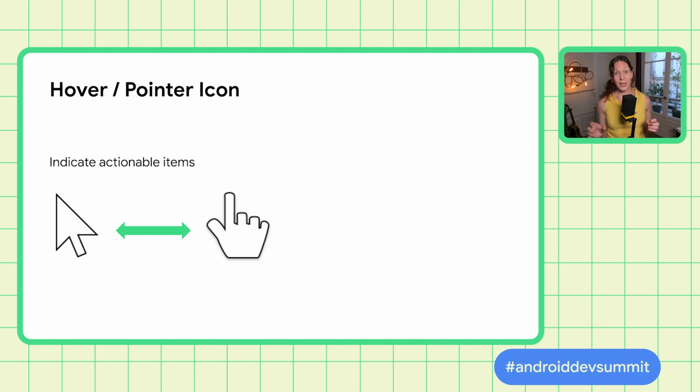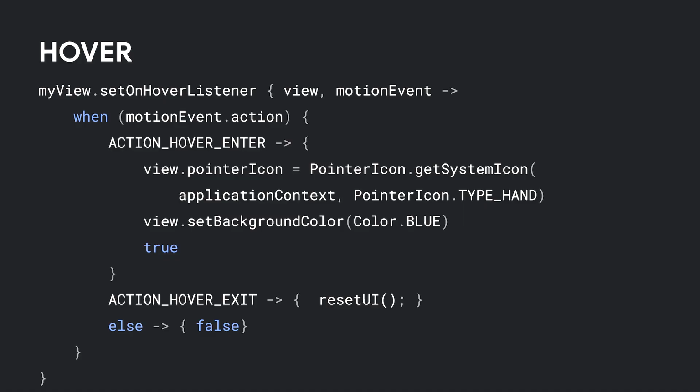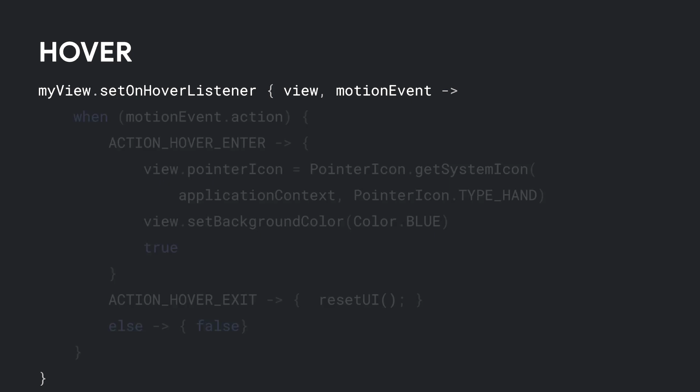When a user is using a mouse or trackpad, they expect the UI to respond in a certain way. Seeing visual feedback when a mouse cursor is hovering over a view that can be clicked, maybe the pointer icon changes or some other visual indication happens, feels intuitive. Here's some code that looks for when the pointer is hovering over a view. Set an onHover listener to the view.